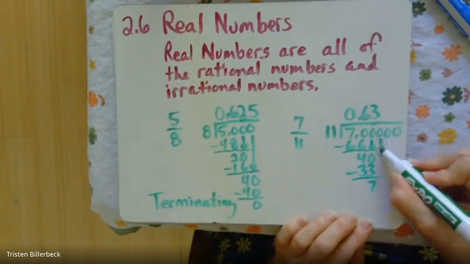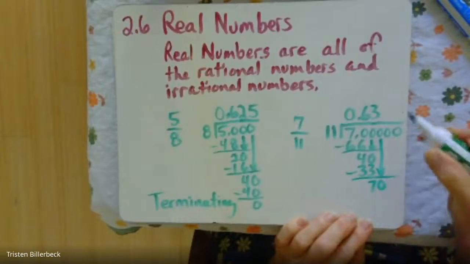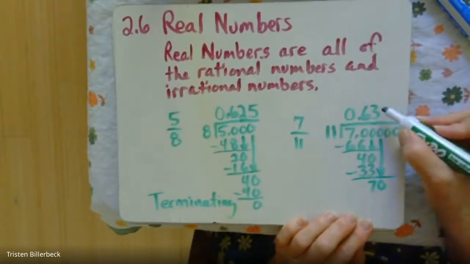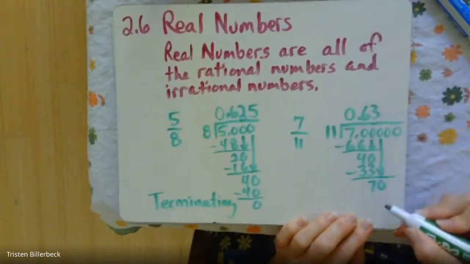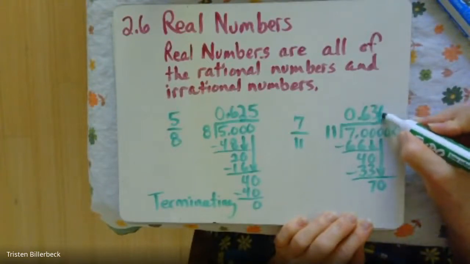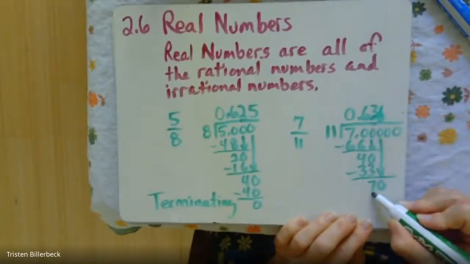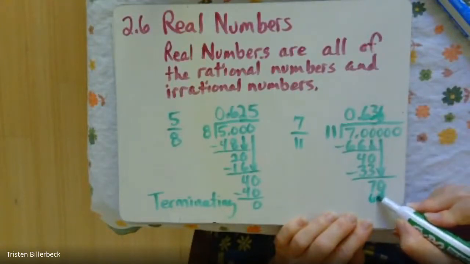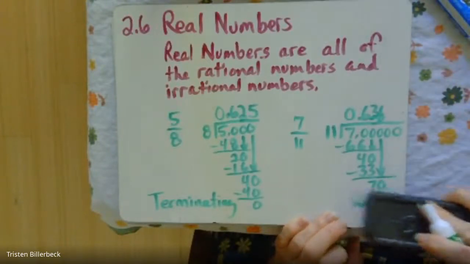And we get a 7, drop that down. And we have 70 again. So there's 6 in that. So we have 66. Getting a little messy here.